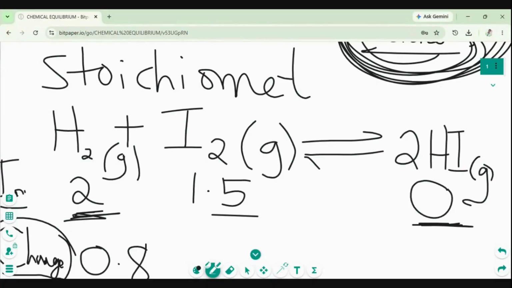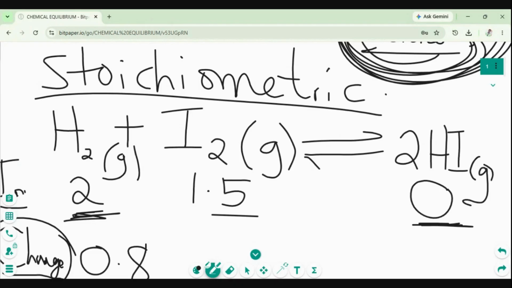And according to this stoichiometric equation, always 1 mole of hydrogen, when it meets 1 mole of iodine and they react in a closed vessel, they are always going to give us 2 moles.